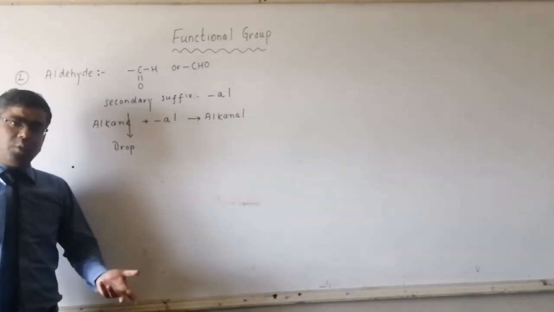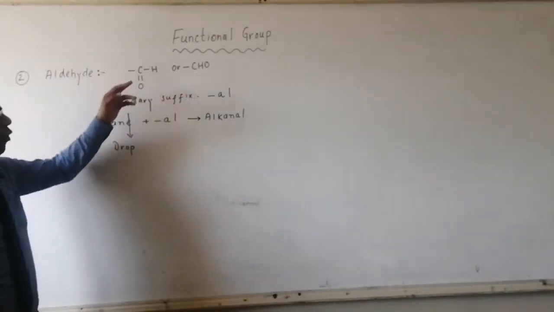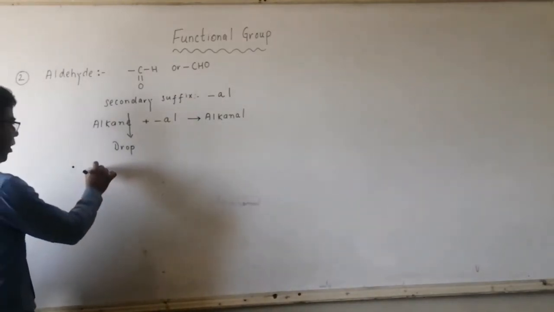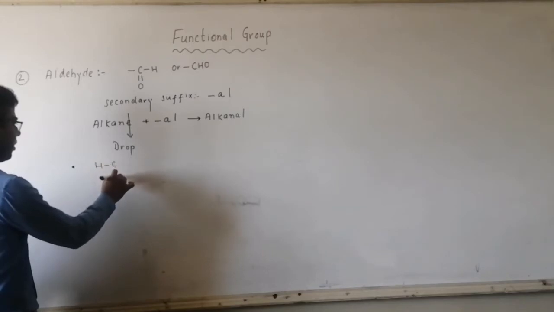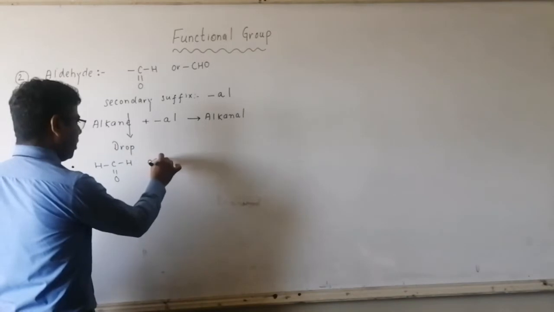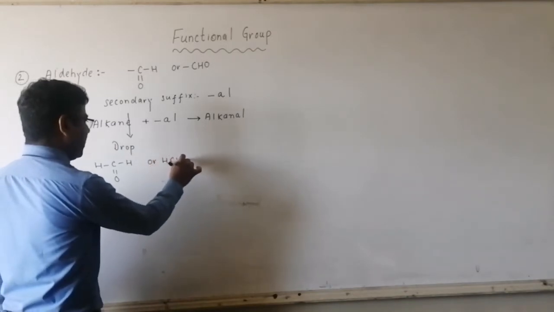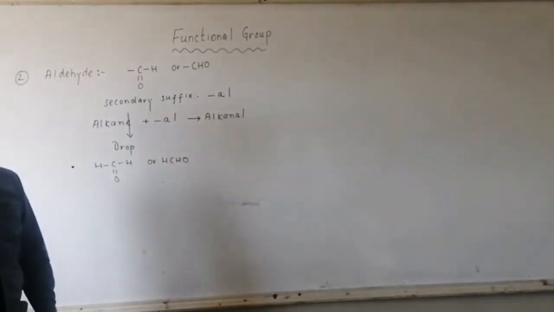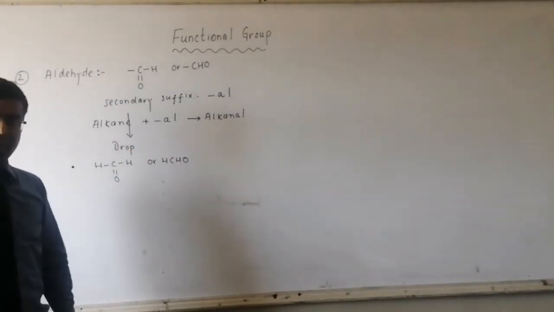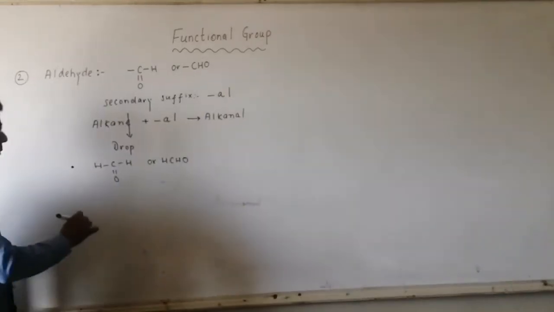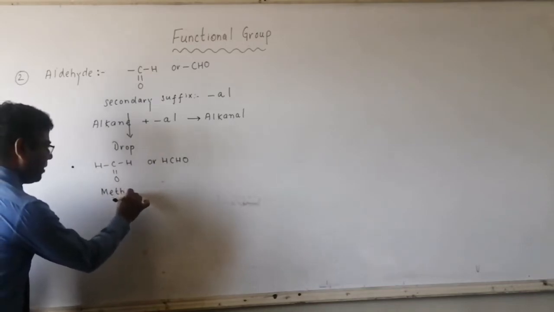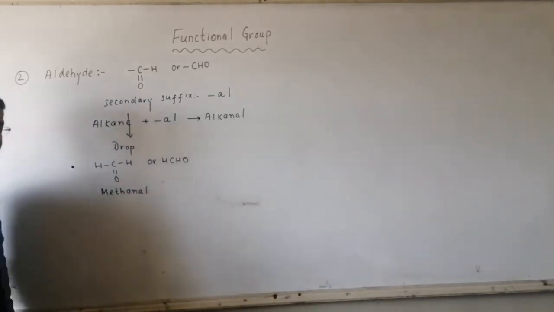So what we have to do is satisfy the fourth valency of carbon by hydrogen, as a result of which we obtain H C double bond O H, or it can be written as HCHO. According to the IUPAC rule, these compounds are named as alkanal. As we have only one carbon atom, this compound is named as methanal.